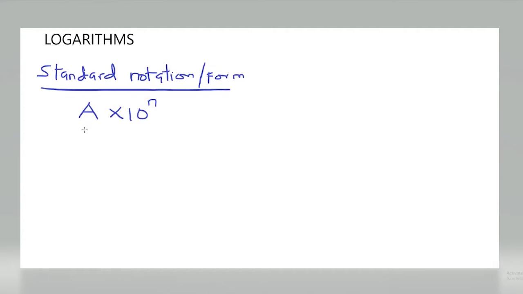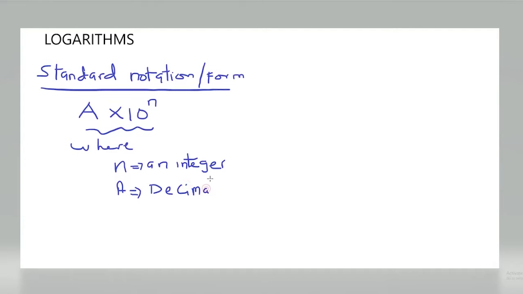Here n is an integer, and a is a decimal number. So always a is a decimal number.